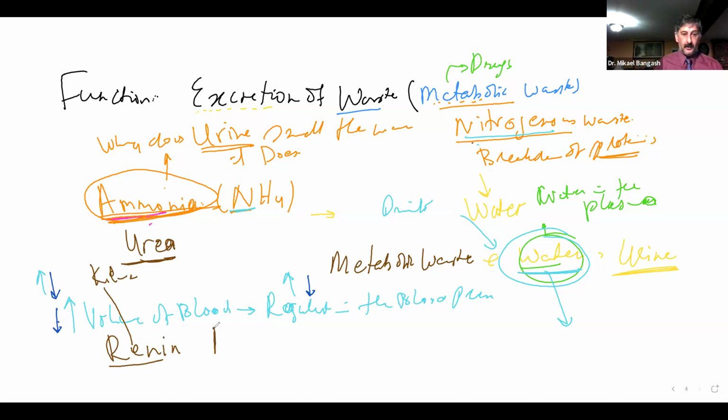As a matter of fact, there is a cycle that we call the renin-aldosterone system, which are just two different hormones. This aldosterone is mainly going to be produced by the adrenal gland.